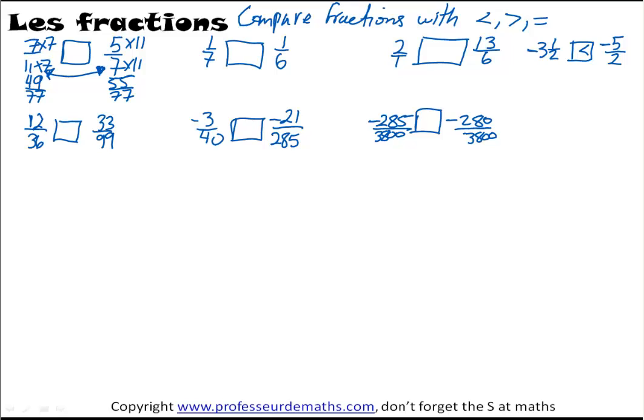Now it becomes really obvious which one is the greatest. 55 is of course greater than 49, and since we have the same denominator, we know that 5 sevenths is greater than 7 elevenths.